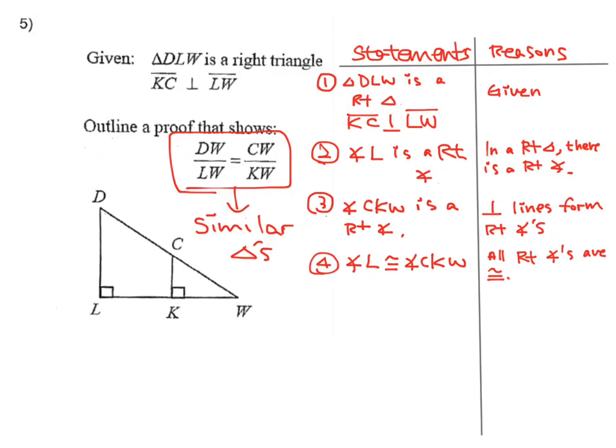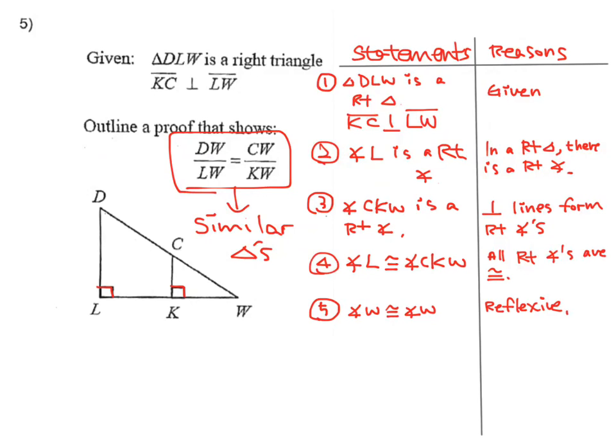All right. Now, we only showed one pair of angles. We need the second one. So we talked about this angle is congruent to this angle. How about angle W? That's right. Angle W is congruent to angle W. Why is that? It will be the reflexive property. Reflexive, right over here.